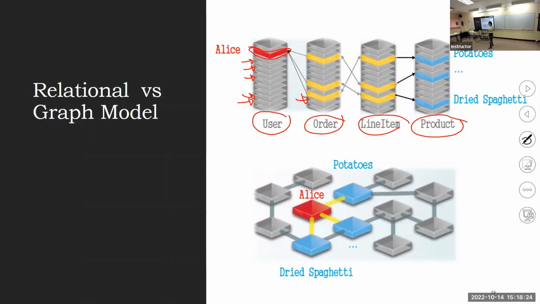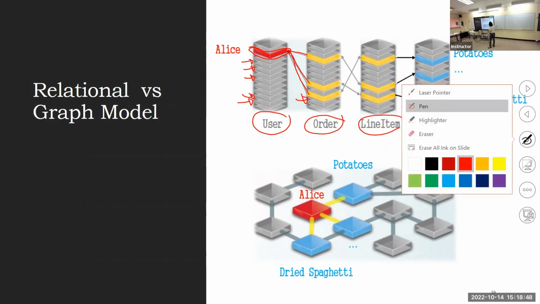What does she buy? If we want to analyze what items Alice has bought along her lifetime as our customer, of course, you would be able to browse and find that these are the order records that belong to Alice, right?